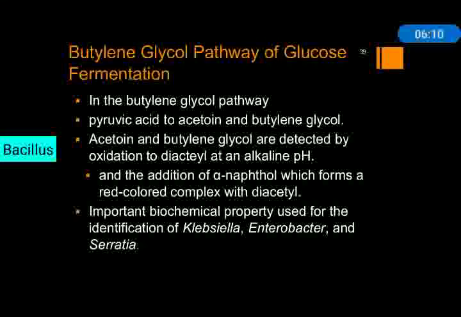In the butylene glycol pathway, pyruvic acid forms acetoin and butylene glycol. Acetoin and butylene glycol are detected by oxidation to diacetyl at an alkaline pH, and the addition of alpha naphthol, which forms a red color complex with the diacetyl. This is an important biochemical property used for the identification of Klebsiella, Enterobacter and Serratia.